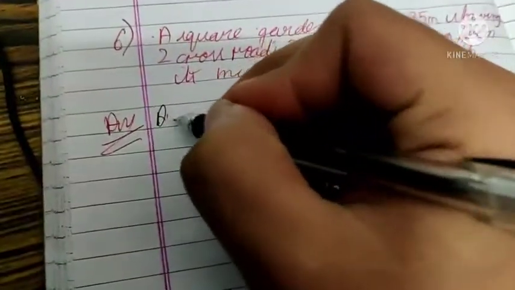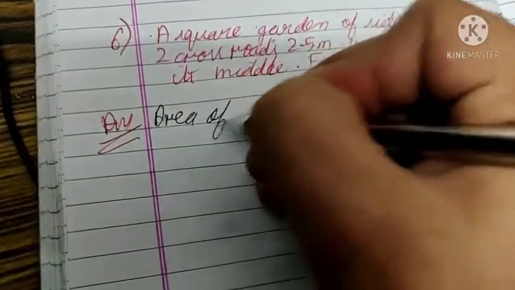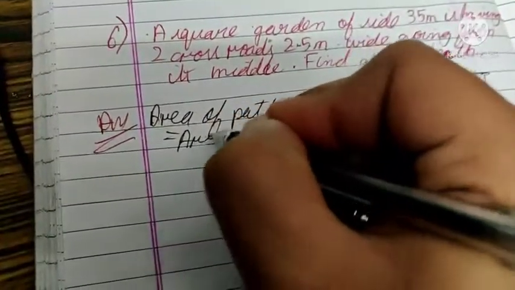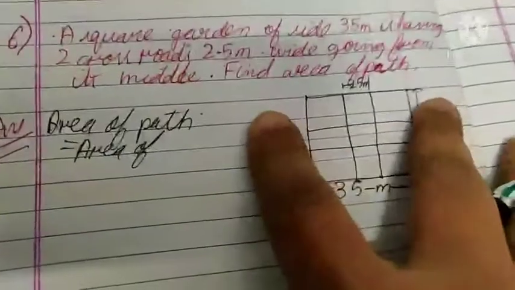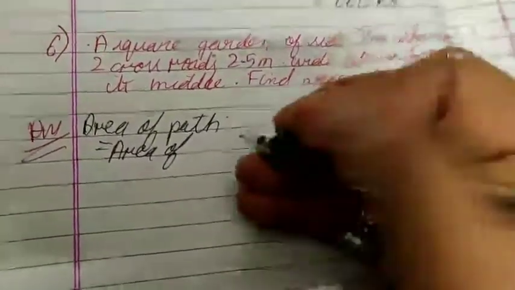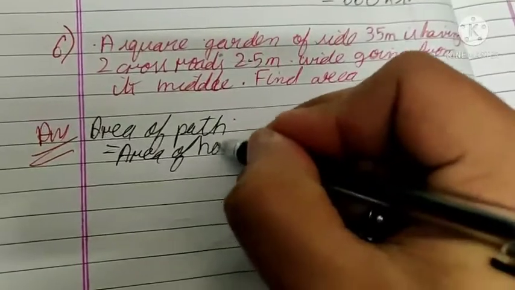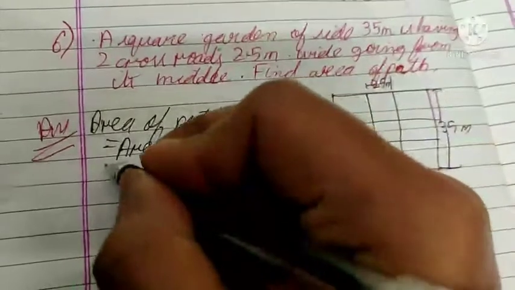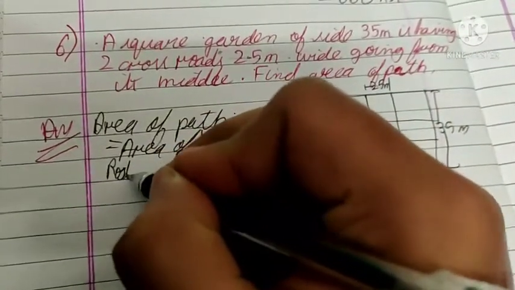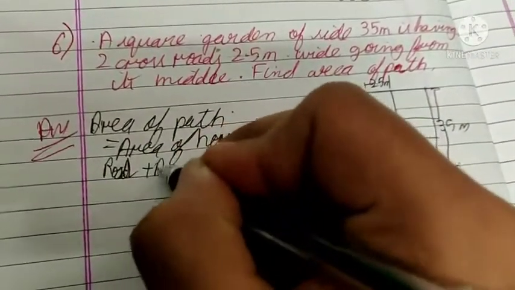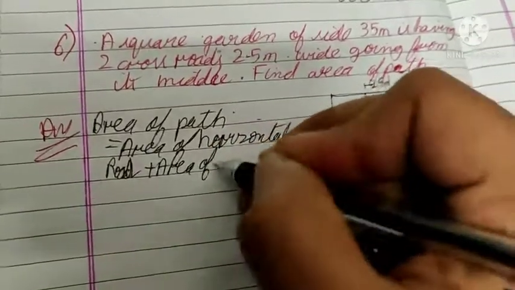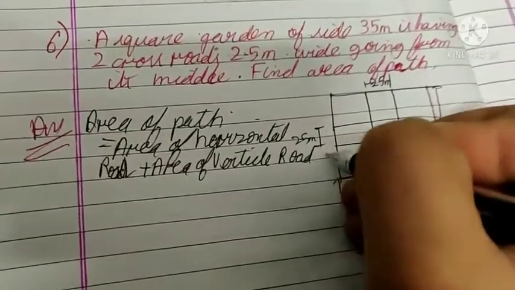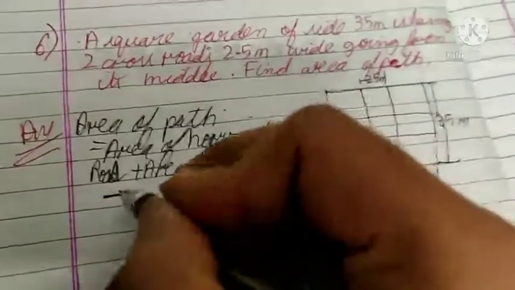So area of path has a formula: area of this horizontal road plus area of vertical road minus area of this box.